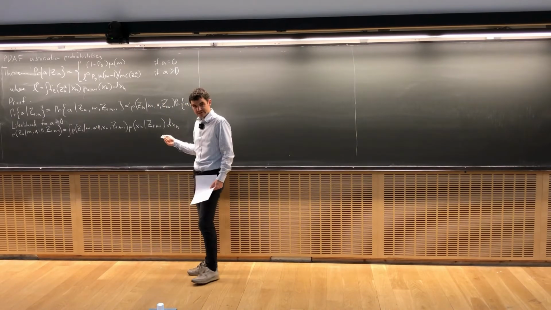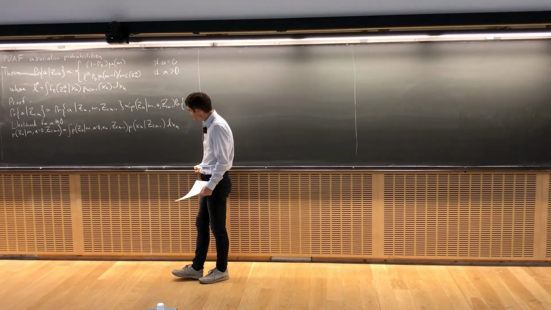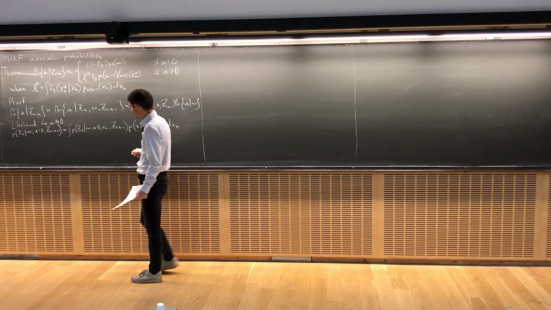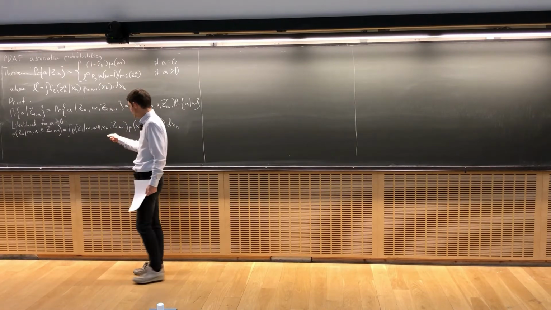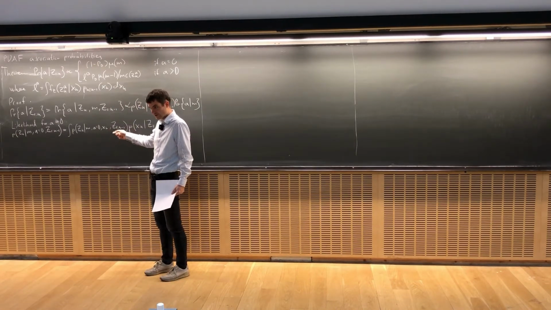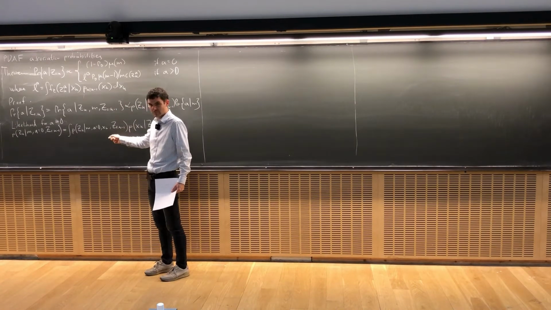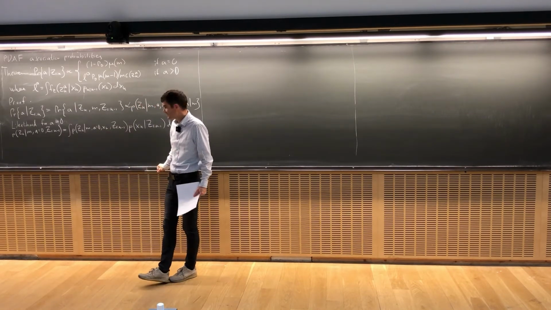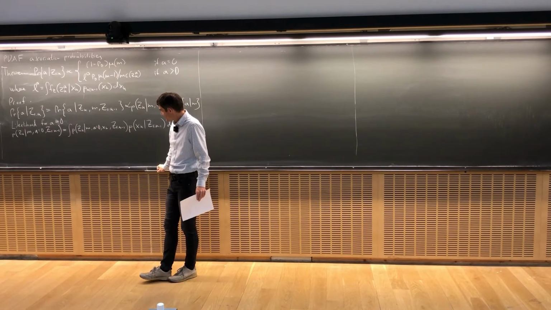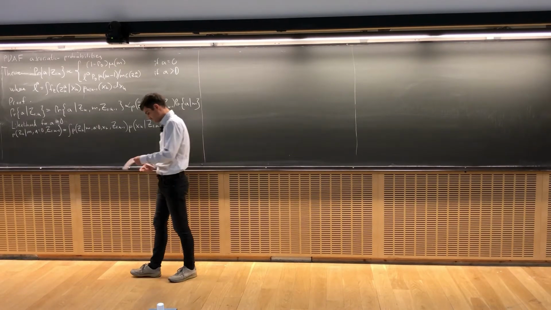This thing, I can do something with it because since all my measurements are from clutter, none of the measurements can be from the target if A is equal to 0. That's the misdetection case. So in that case, I know that all these measurements are independent of the target and also independent of the previous data.